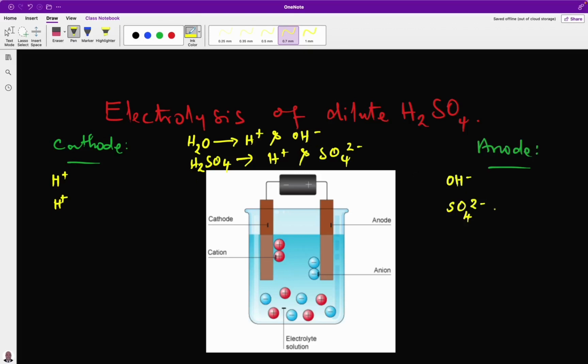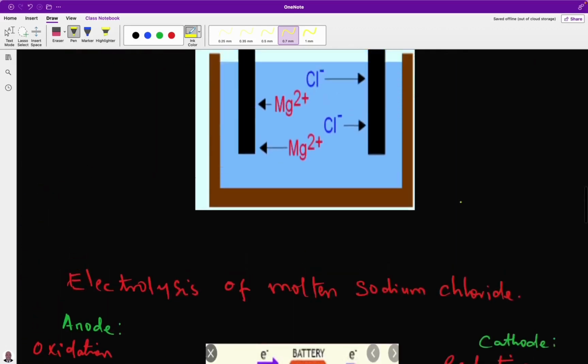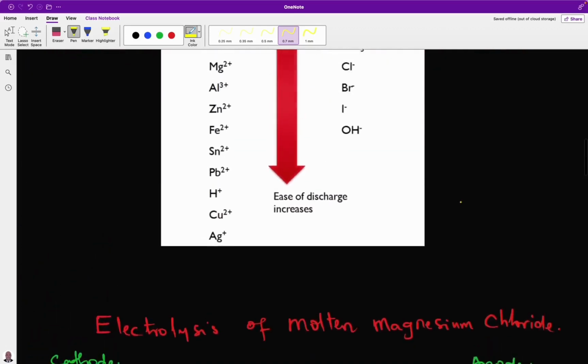Now, what is happening now? Between these, hydrogen ion will take the priority. Here, which one will take the priority? It now takes us to our electrochemical series. Let me take you back to the electrochemical series, the OH ion and the SO4 ion.